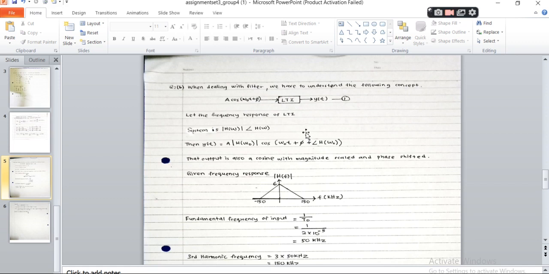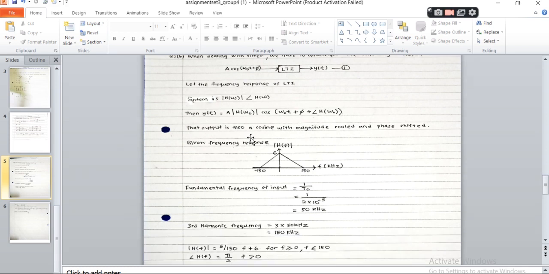For the filter question, we have to understand the formula and concept of the system regarding the filters. So we put this cosine(ω naught t) into an LTI system and y(t) is the output. Let the frequency response of the LTI system have magnitude |H(ω)| and phasor angle of H(ω). Then we can substitute y(t) and we get this equation.